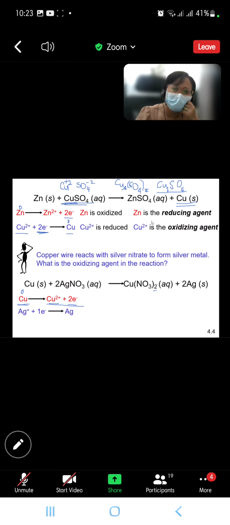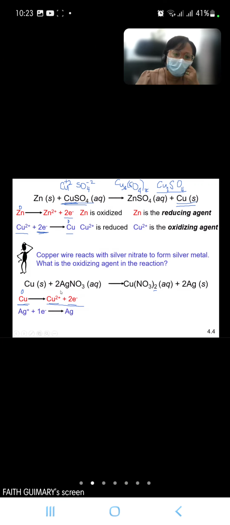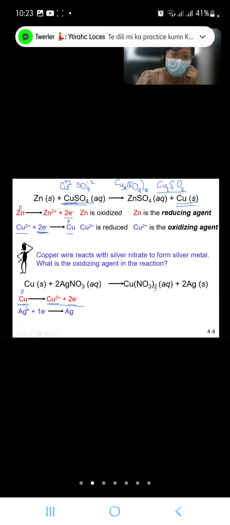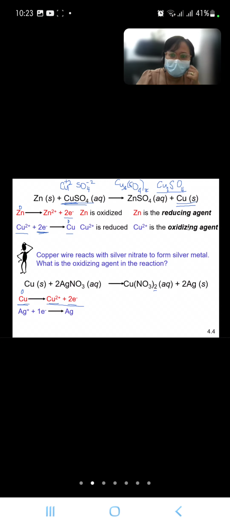As for silver, if we analyze the reactant side, silver is bonded to the nitrate ion. So silver here is a charged particle. The charge of silver is +1. Then look at the product, it becomes 0. So from +1 to 0. In other words, it gained one electron and became 0.